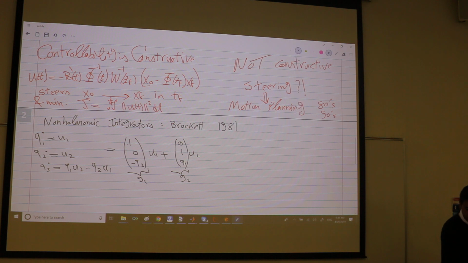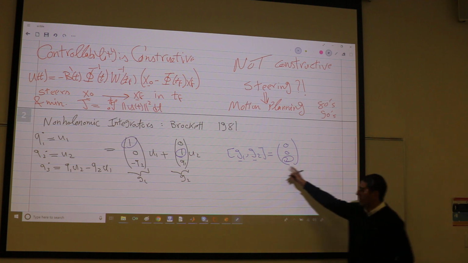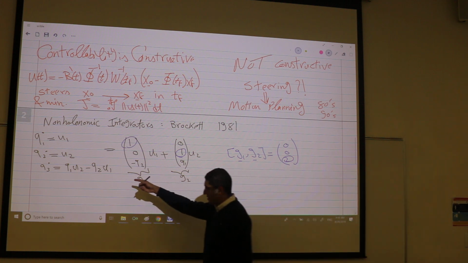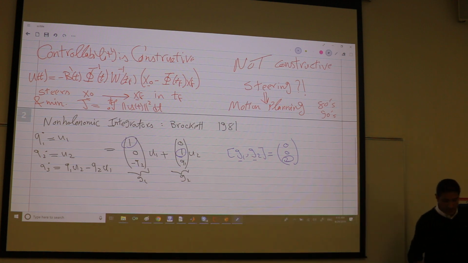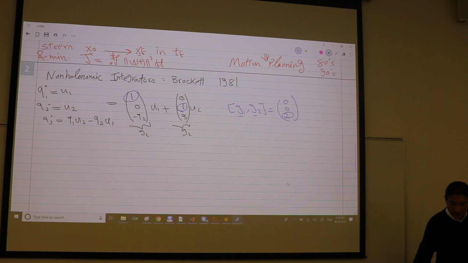Obviously, G1 provides motion along the first state directly, G2 does the same, and the Lie bracket between G1 and G2 is 0, 0, 2. So it provides motion along the third direction. The third direction is driven by the Lie bracket between G1 and G2. Linear theory here will tell you that the system is uncontrollable. Okay? You cannot move along Q3.